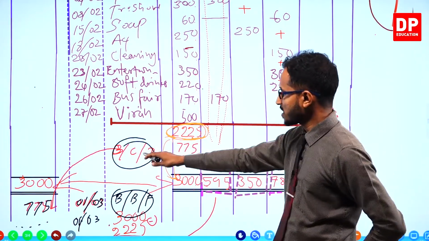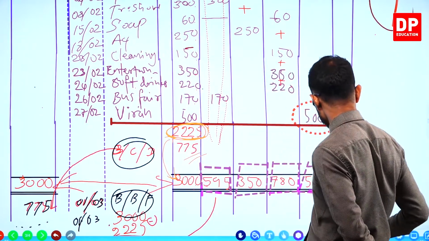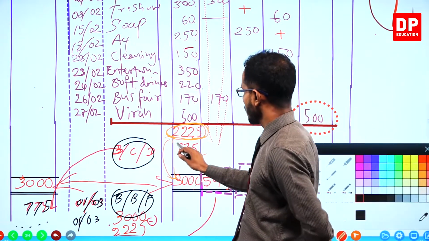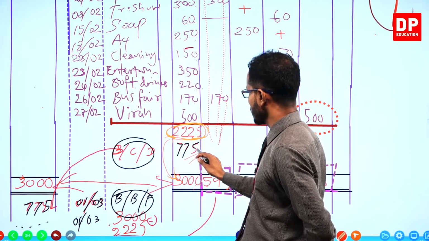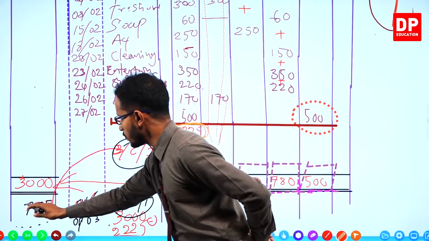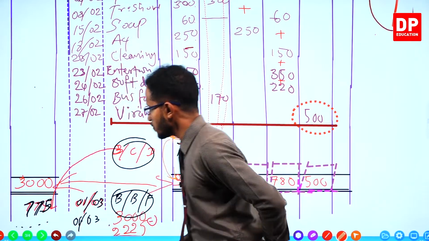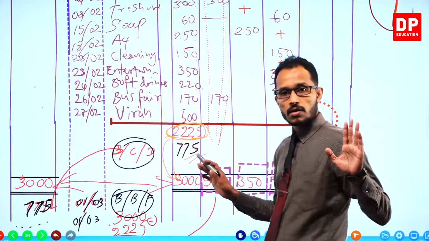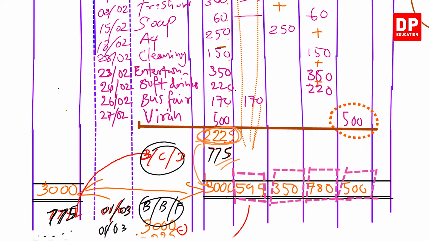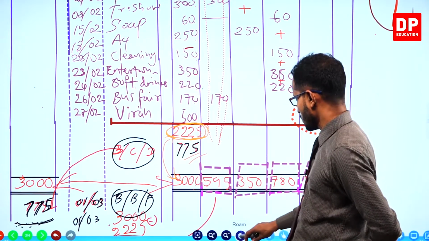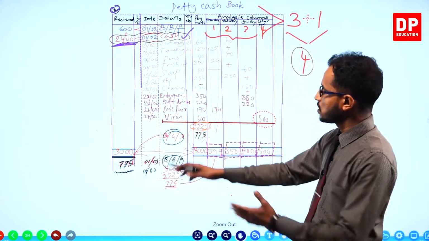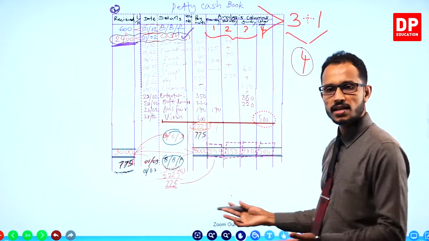That is the balance carried down. You put the balance carried down, and the same balance should be mentioned on the debit side as balance brought forward. All right. For the next month, when the reimbursement comes, it should be here. That's why I said when it is zoomed out, it gives a full view of the petty cash book.